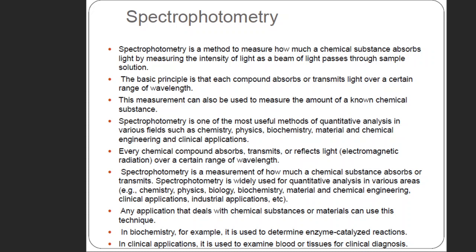The principle of this particular instrument or technique is that light, being electromagnetic radiation, has a dual nature, electrical property as well as magnetic property. So taking into account this electromagnetic property, we allow it to interact with the biomolecules.